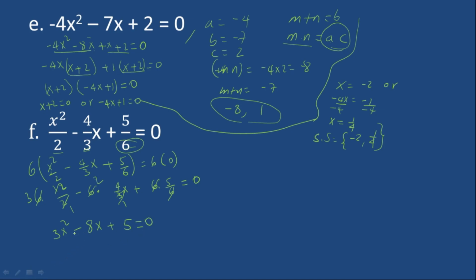So you can solve this equation just like E. You need to find two numbers whose product is 15, so m times n is equal to 15, and m plus n must be minus 8. Just find it on your own, because we have already seen such examples.